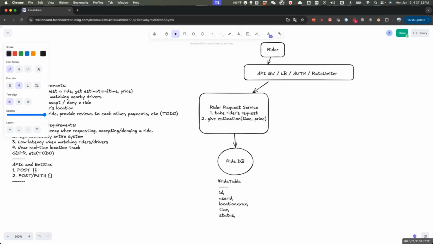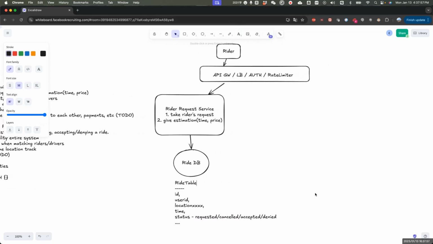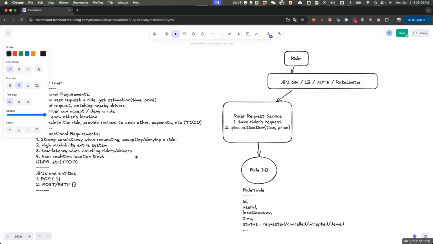And potentially the status could be requested, canceled, accepted, or so. So it could be an enum: requested, canceled, accepted, denied. As well as some other metadata; we won't list everything here. So we can continue on this.